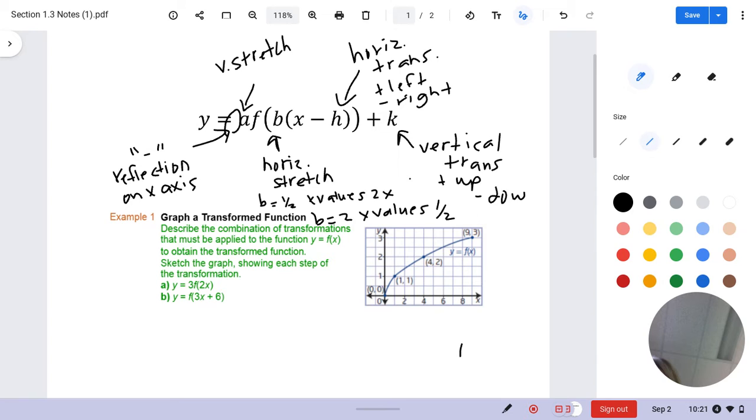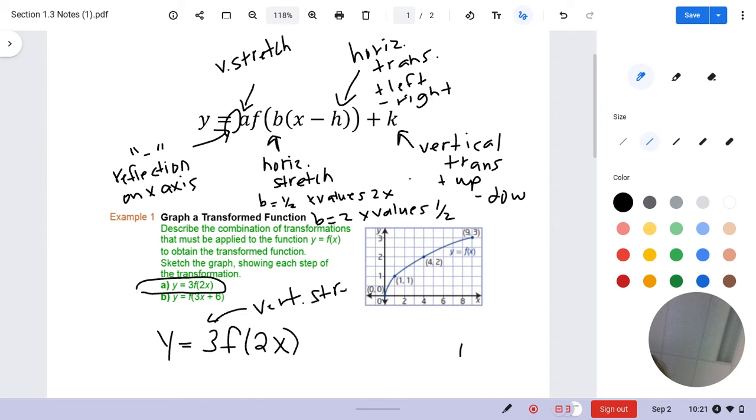Describe the combination transformation that's being applied. So if we're looking at A, y is equal to 3 f of 2x. The 3 is going to be our vertical stretch, and our 2 is going to be our horizontal stretch.